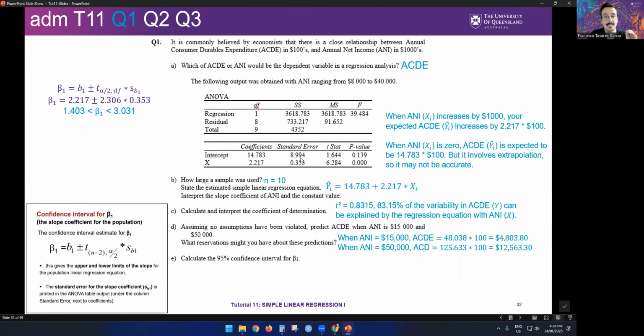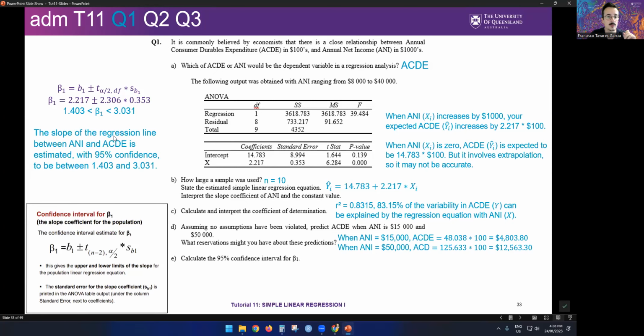This is the standard error for our B1. In the line where we have B1, the same line has the standard error, and that's the one we're going to use.